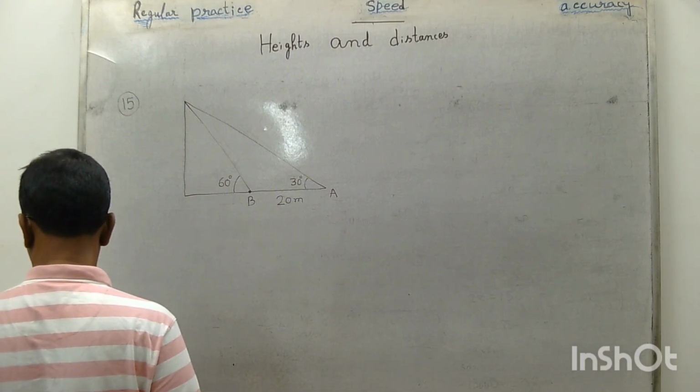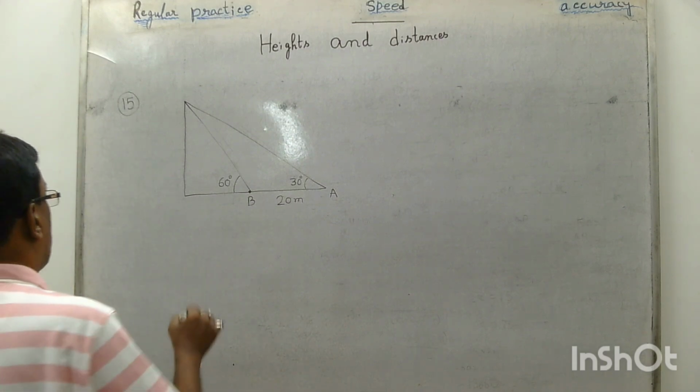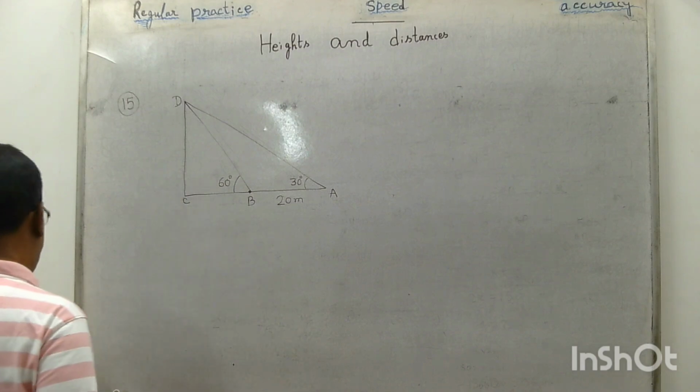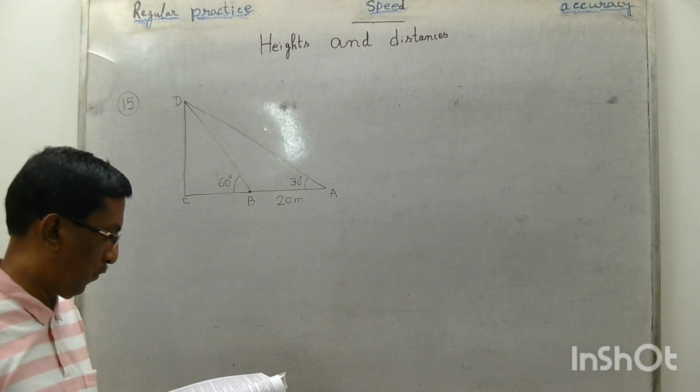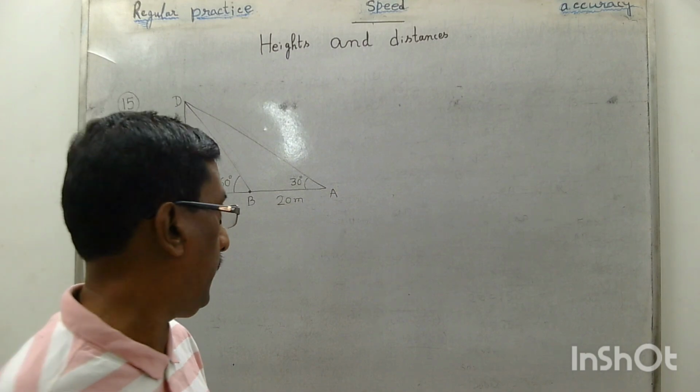Find the height of the tower and the distance of the tower from the point A. So let it be C and D.